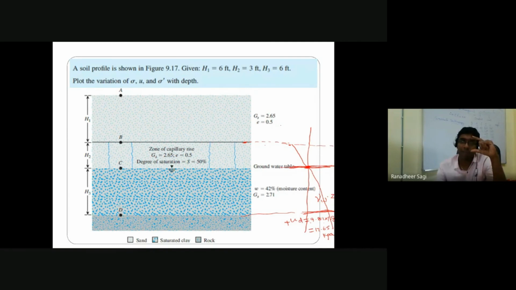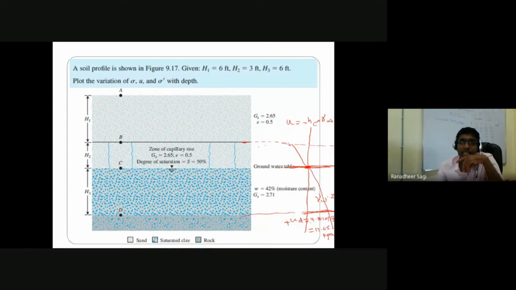Negative pore water pressure is the capillary rise times the unit weight of water. The capillary rise indicates the pressure head, but in the negative, reverse direction, so we simply write it as minus HC into gamma W.